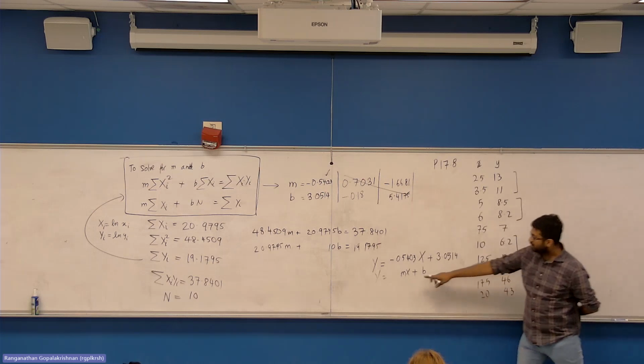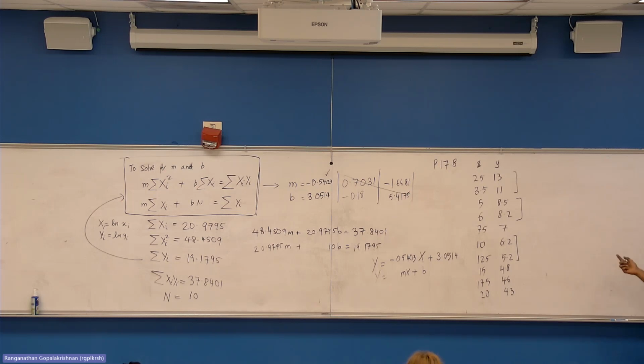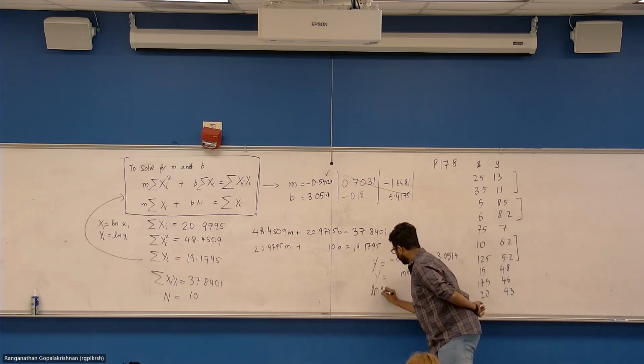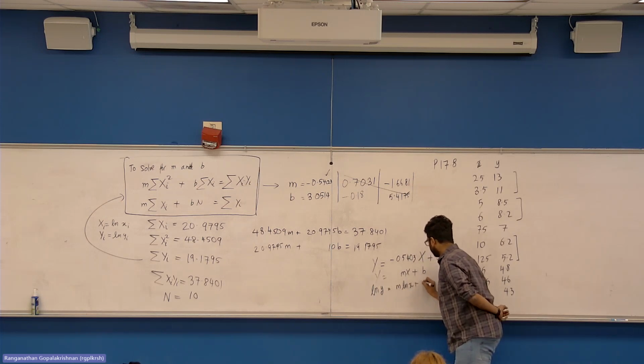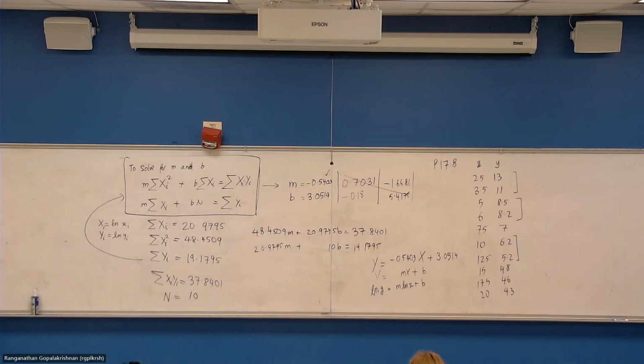But what is uppercase X and uppercase Y? They are the logarithm of the original data, right? This is logarithm of Y equal to m times logarithm of X plus b. You're with me? I just put back the original definition.